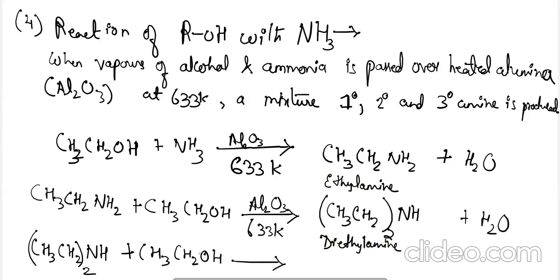Then when again one molecule of alcohol reacts with the diethylamine, it will form triethylamine, (CH3CH2)3N plus H2O. This is triethylamine. So this is the reaction where we are seeing that the carbon and oxygen bond is breaking, and due to the breakage of the carbon and oxygen bond, the reactions are taking place. So there are a total of 4 reactions in this phenomenon.